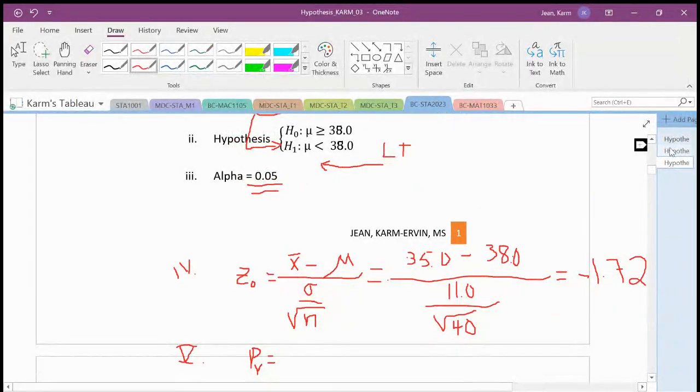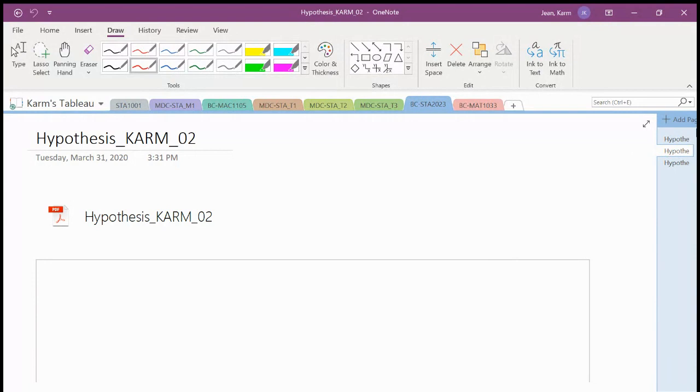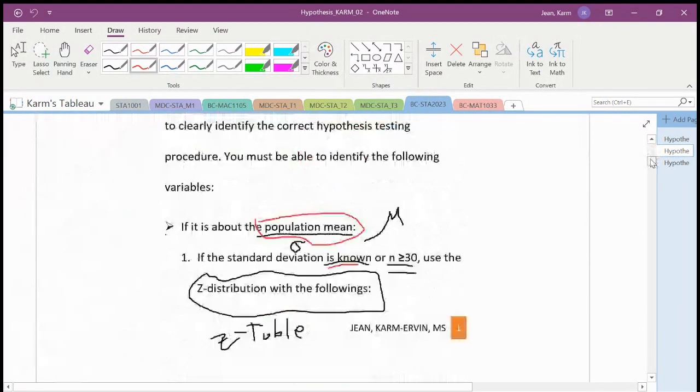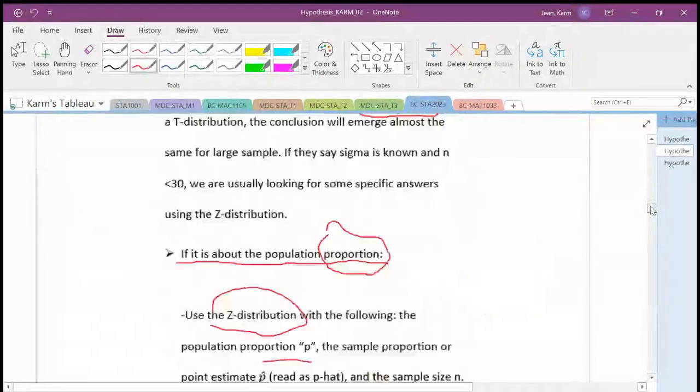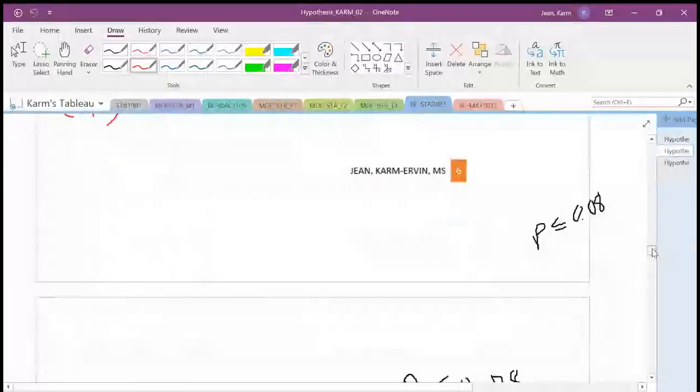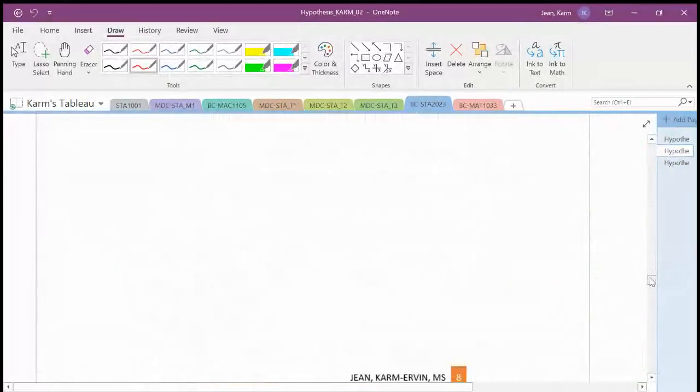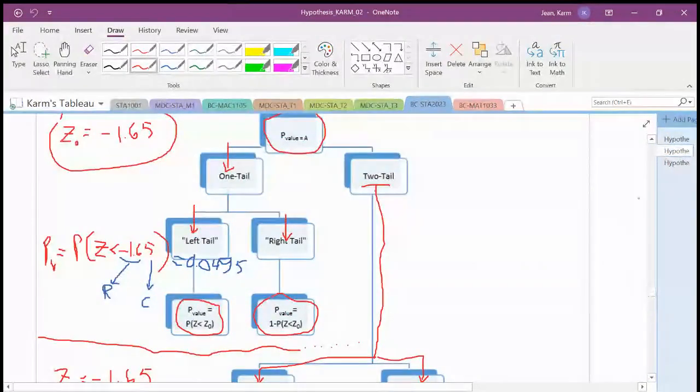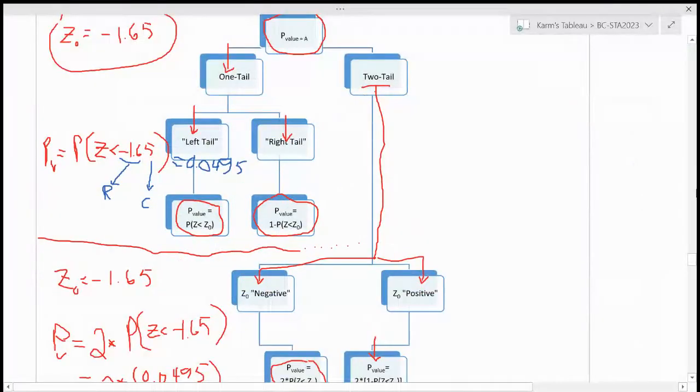Let's go back to last class. Okay, I'm going to show you now. If you go back to the notes we did in class, you go to the chart, the p-value, right here. This is the chart that we're using right now.